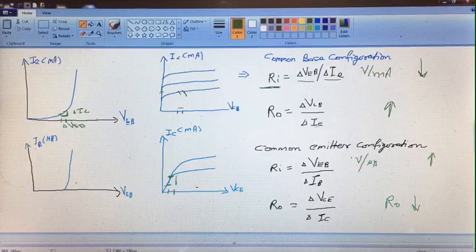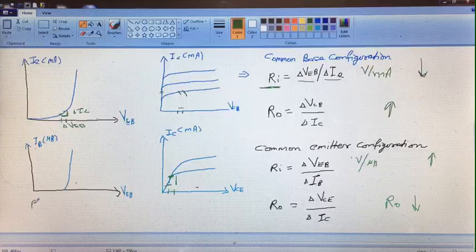This happens due to the change in collector current. Here the change in collector current is negligible, while the change in collector current in the common emitter configuration is larger for a particular change in collector emitter voltage, and here collector base voltage. So that's why R input for the common base configuration is less than R input for the common emitter configuration.